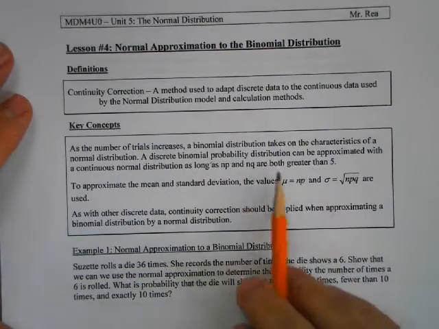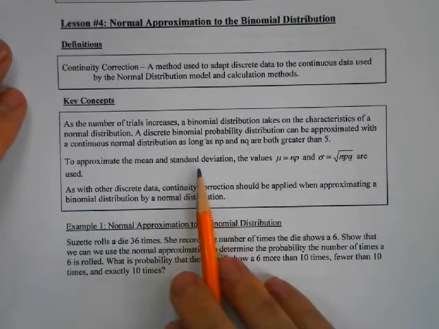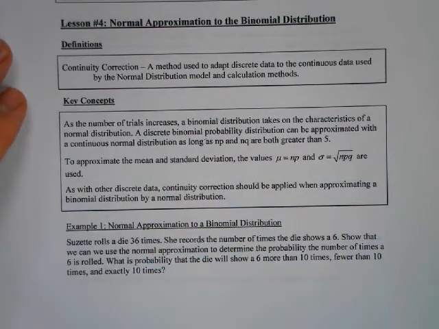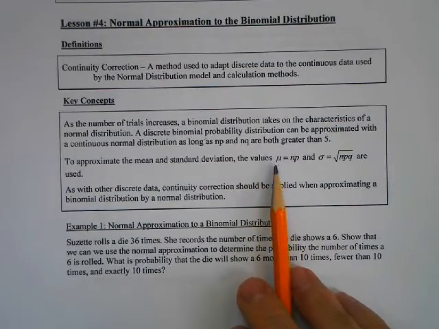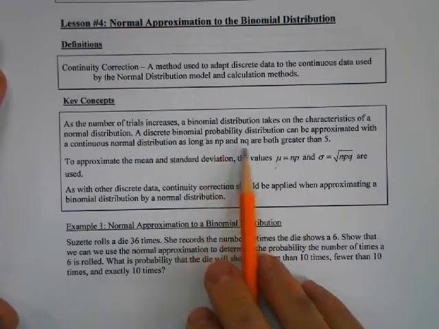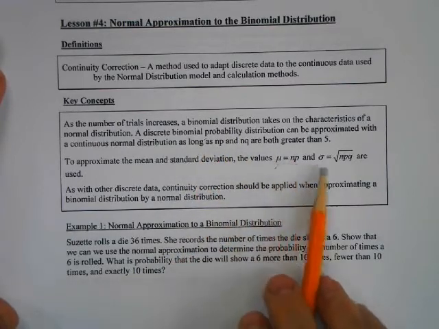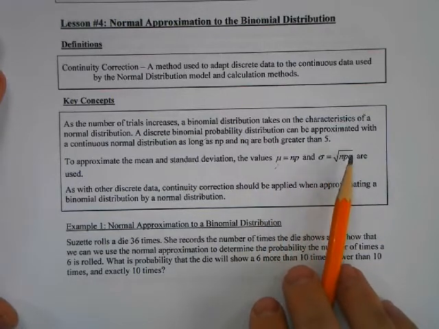Once we've confirmed that we can go ahead and use it, we have formulas to create the mean and the standard deviation, which we do need for the normal distribution. So the mean will be just n times p, which we've already calculated up here, so the work's already done, and the standard deviation will be the square root of n times p times q.